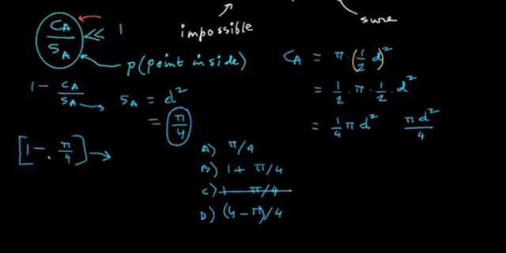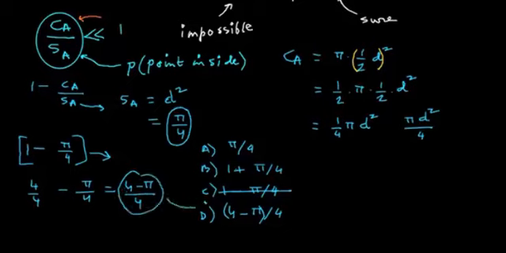This 1 minus pi over 4 is nothing but 4 minus pi over 4. If you change the 1 to 4 over 4 minus pi over 4 so that you have like denominators, you can subtract. This becomes 4 minus pi on the top, 4 on the bottom. So it's the same thing. It might look different, but it's the same. You just have to do that one extra step.